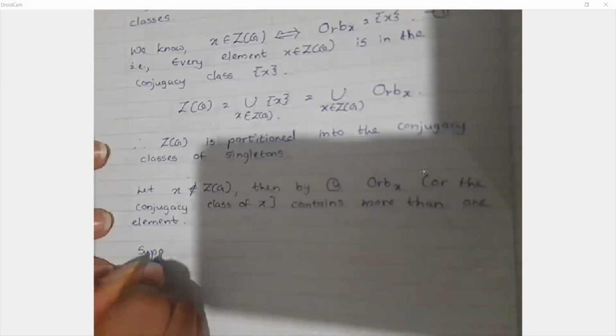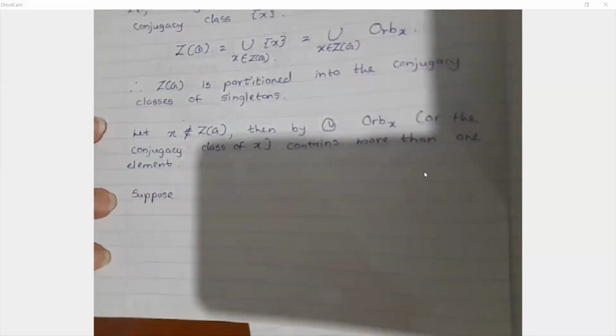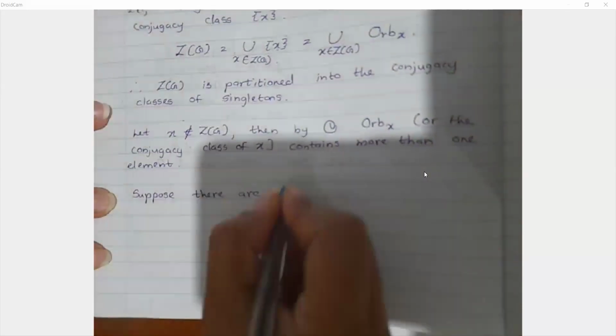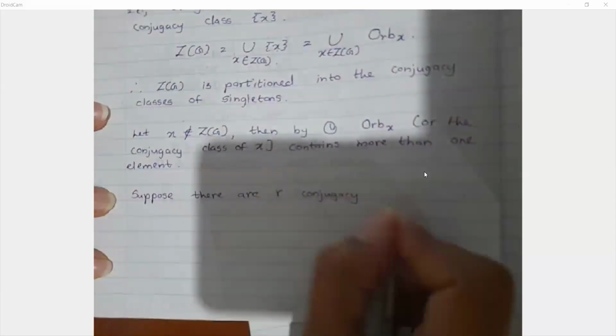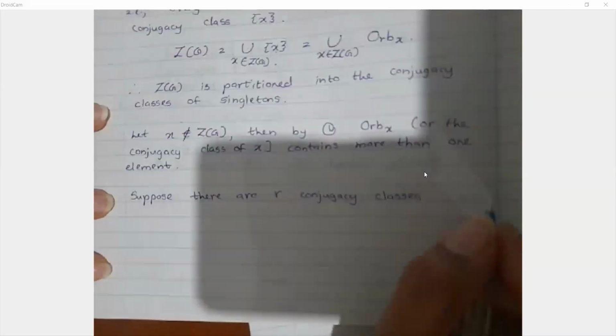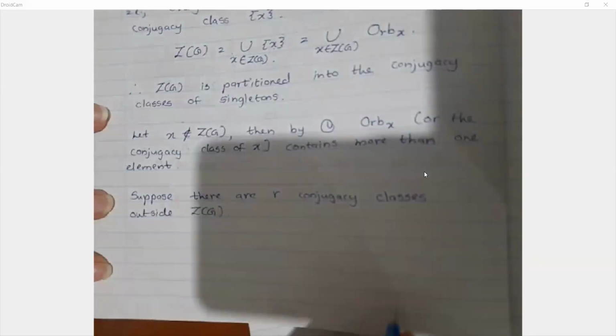Okay. Now suppose there are conjugacy classes outside of the center. Now remember, G is a finite group.